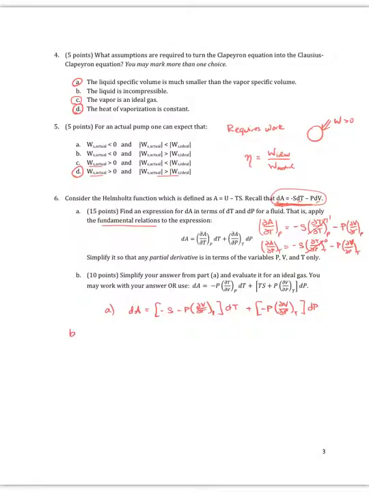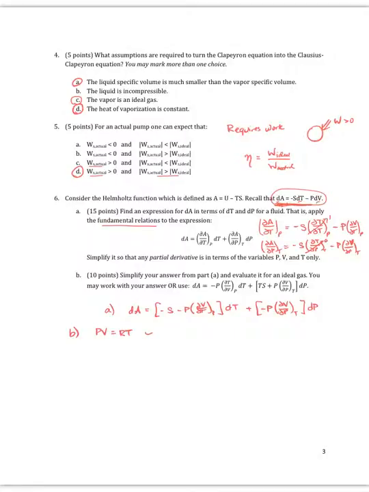Now for part B, what we are supposed to do is evaluate this for an ideal gas. And every time we get one of these expressions, remember I said that what you need to do is see whether or not this matches our expectation for an ideal gas. It's hard to verify the math, and so that's a way of doing it reliably. To do that, PV equals RT is our ideal gas law in terms of specific volume.